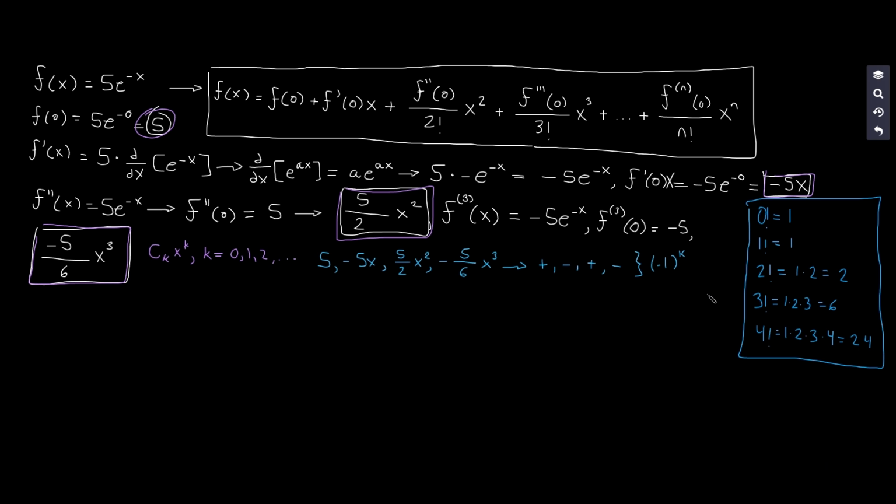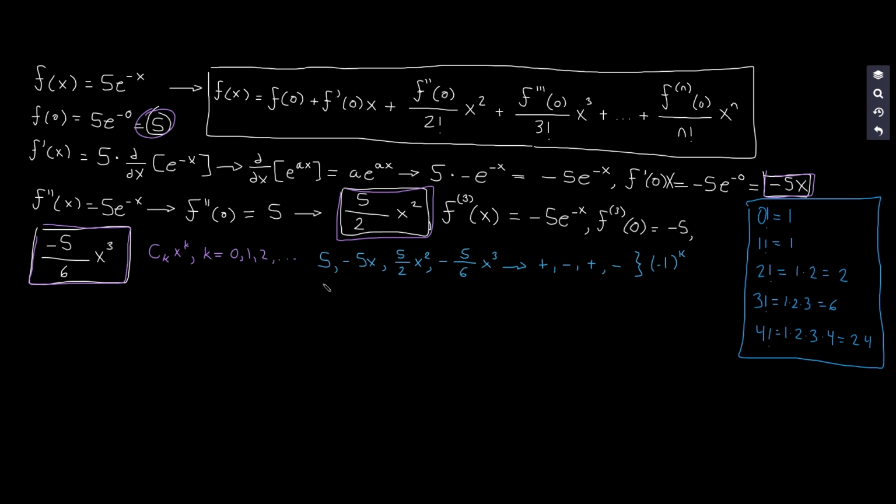That means negative 1 raised to the power of k is going to have presence in our summation. When we write this in summation notation, we know there's going to be negative 1 raised to the power of k present somewhere.